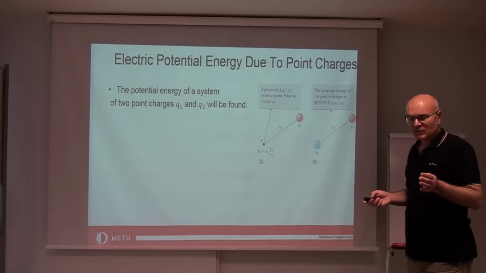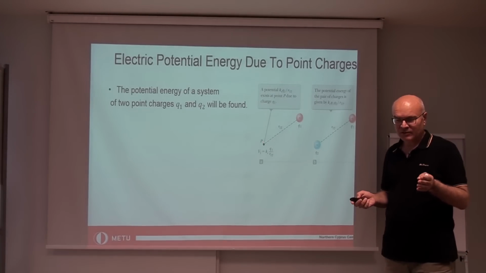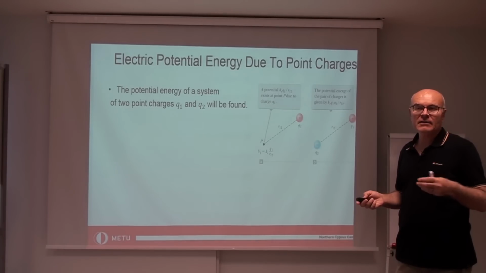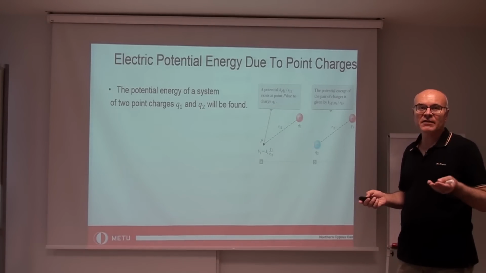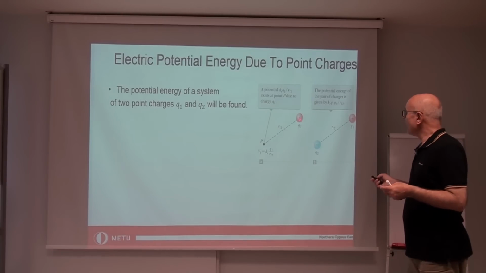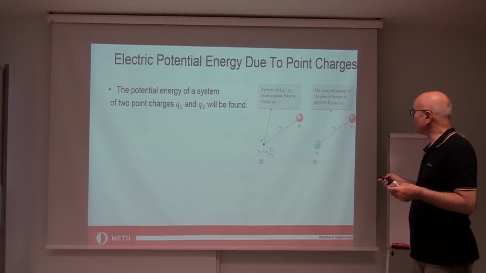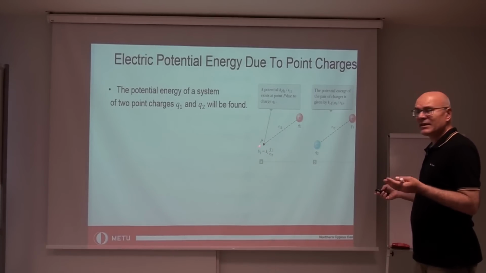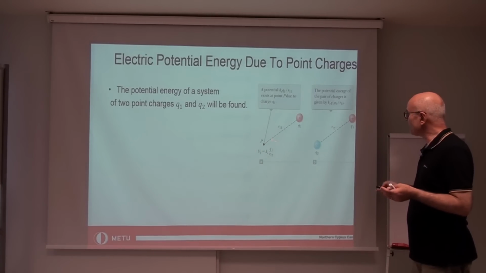To define the potential energy of the two-charge system, we consider the process of assembling the charges. I have a single point charge Q1, for example, and it has its own potential in the whole space, and I want to bring another point charge and put it at P. Originally at point P there is no other charge, but there is the potential.